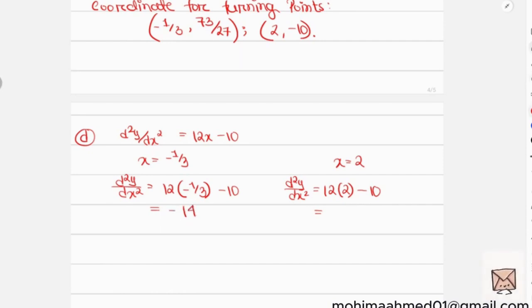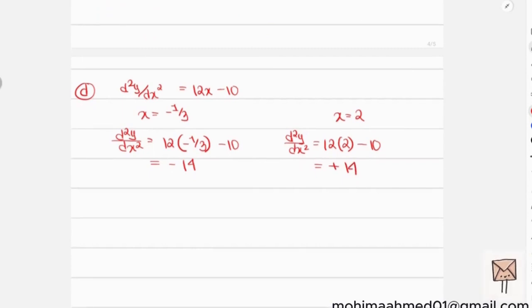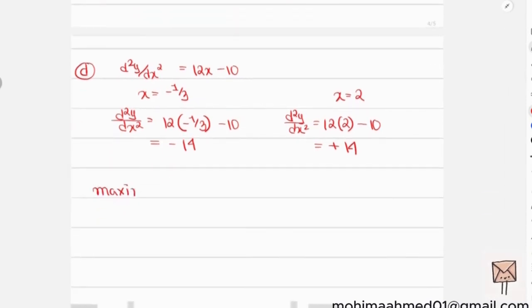Okay, and if I did the same thing with positive 2, now I get positive 14, which clearly distinguishes that this minus negative 1 by 3 with 73 over 27 is the maximum turning point, right? So this is the maximum, and the other one, this is the minimum, which is 2 with minus 10.